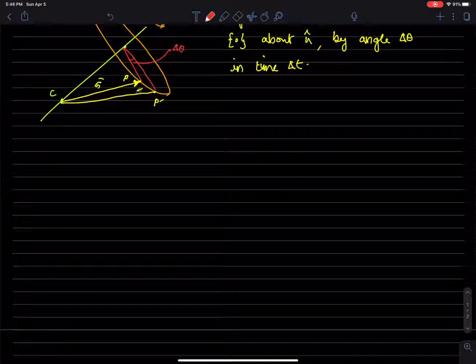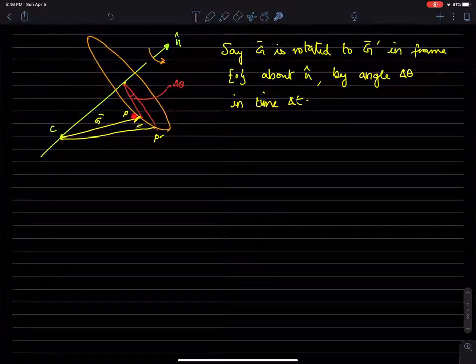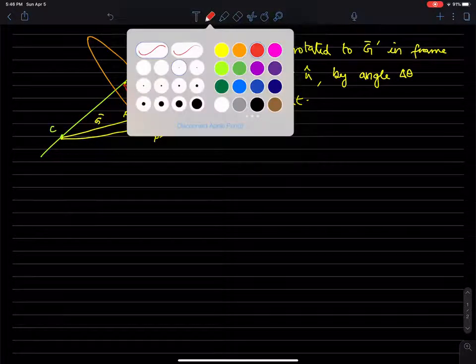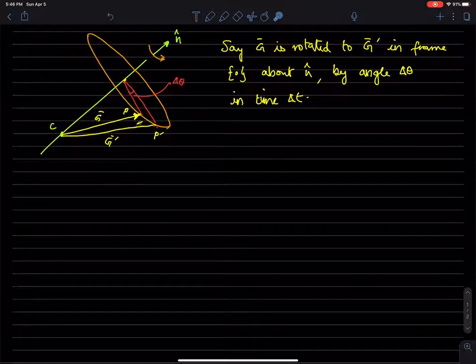So this vector has gone to this vector by having rotated by delta theta about this axis. So this is the angle of rotation for that picture.